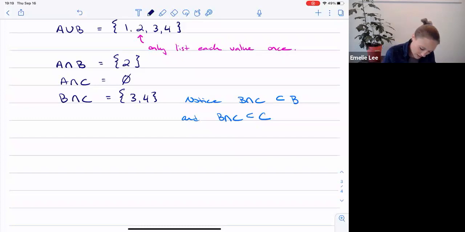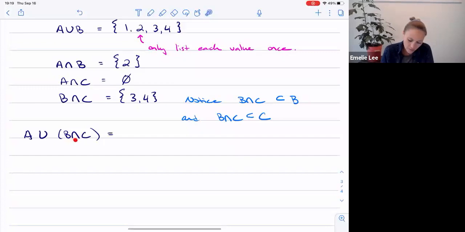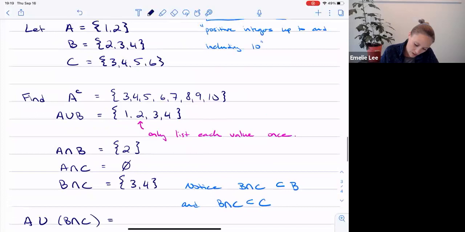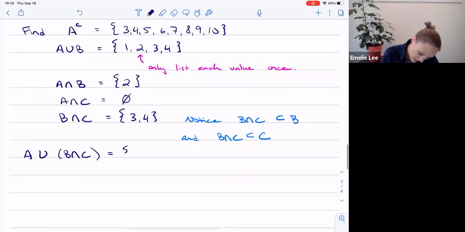Okay, so let's find A or B and C in brackets. I think I'm going to break this down a little bit. I know what B and C are, but it might be easier to just look at them as sets. So A, just as a refresher, is 1, 2. Or B and C is the set 3, 4.